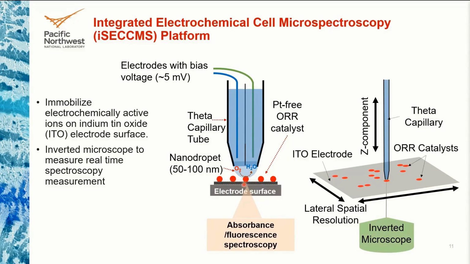This type of inverted microscope works when your electrode is transparent rather than opaque. So we use this indium tin oxide electrode, and we spread the electrocatalyst, in this case tantalum titanium oxide, on the indium tin oxide electrode, and then look at how the ORR activity changes as a function of the generation of free radicals.